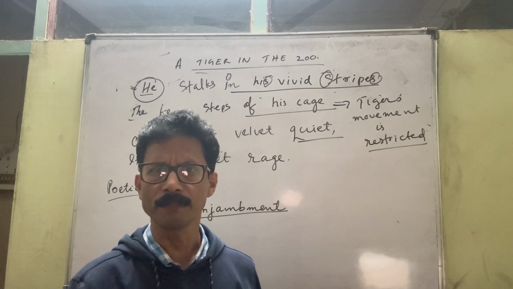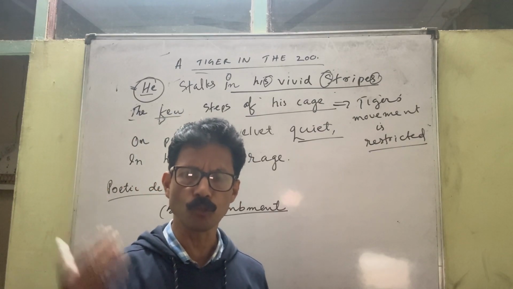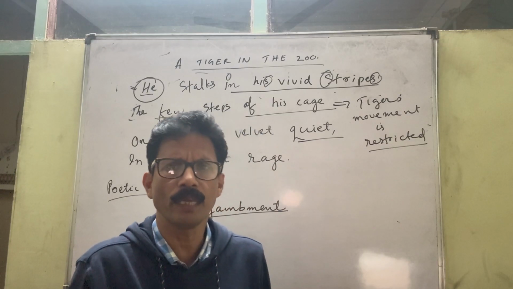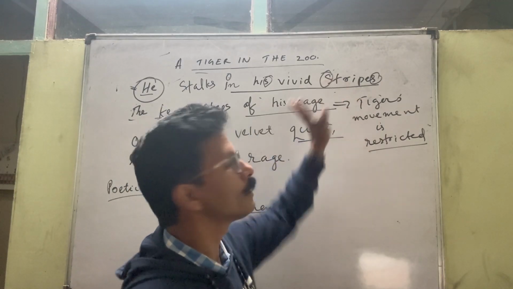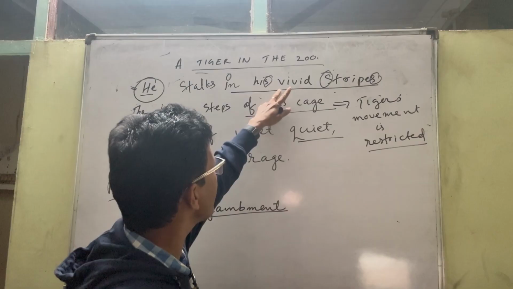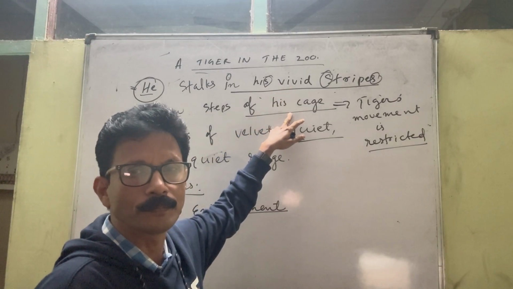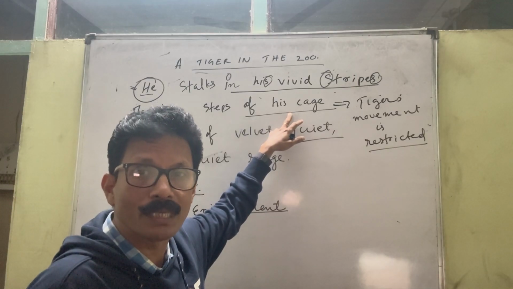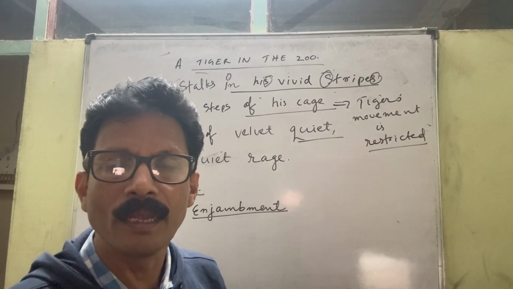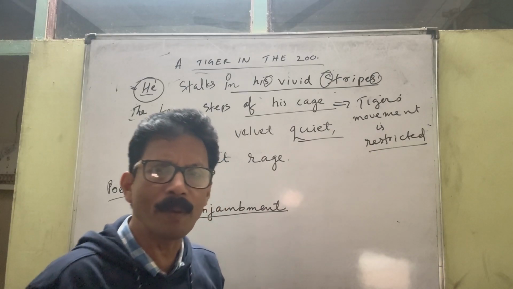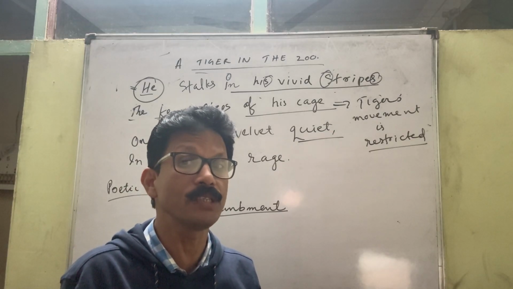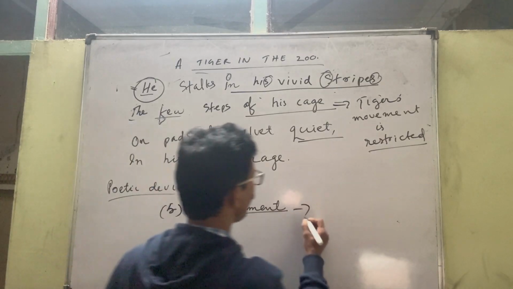It may be a comma, a full stop or a semicolon, anything like that. But here you see, nothing is used. This line passes on to the next line without using any punctuation mark. No comma, no full stop, no question mark, no semicolon. Not a single punctuation mark is used here. This type of poetic device is called enjambment.